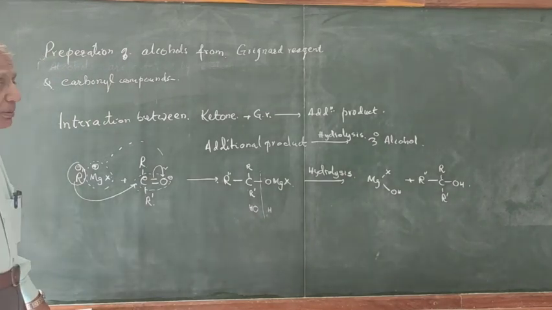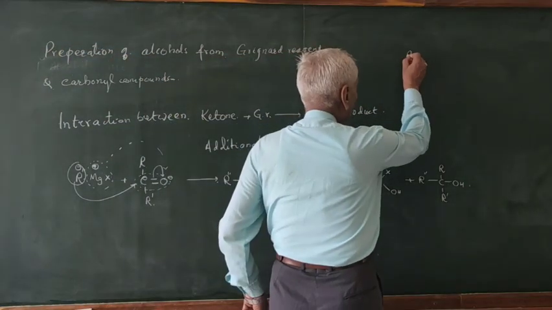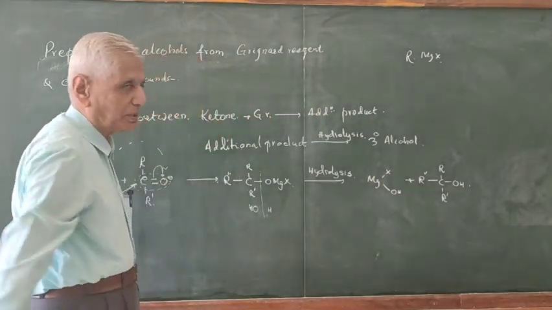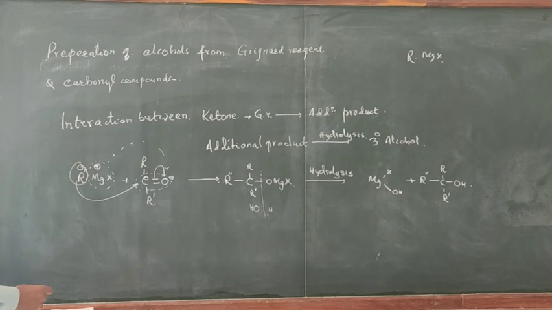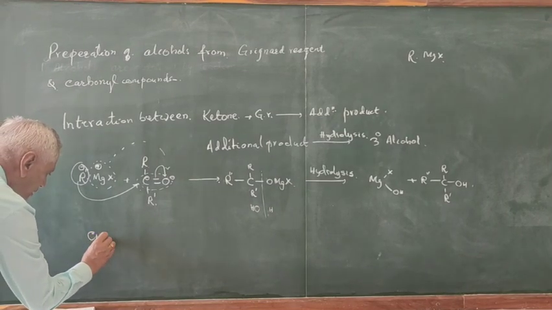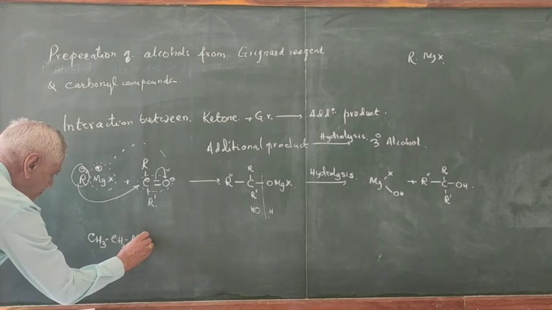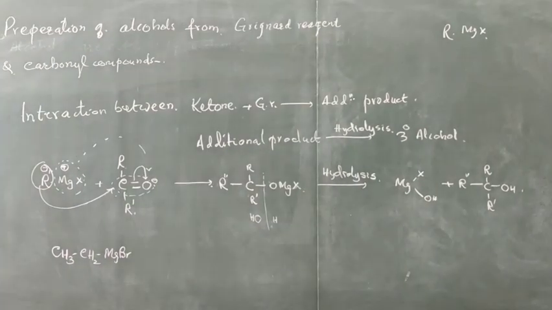So remember, primary alcohol is obtained by the interaction between Grignard's reagent. Or before going to that, we can give some example here. We can give an example, tertiary alcohol example. For example, say CH3 CH2 MgBr. What is this compound?